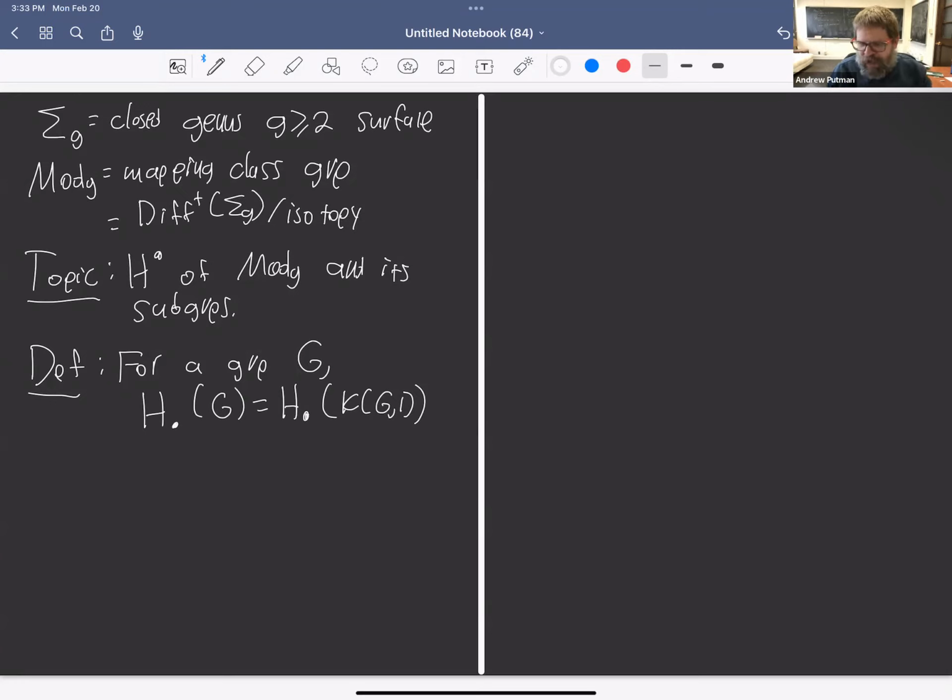Okay, and so why do you care about the cohomology of groups? There's sort of algebraic and there's geometric reasons to care about it. The algebraic ones are the more obvious thing. These provide obstructions to various sorts of group theoretic things like extensions and things like that. But the topological reason to care about group cohomology is that K(G,1)s, well, it turns out that a lot of the most beautiful spaces in mathematics are K(G,1)s.